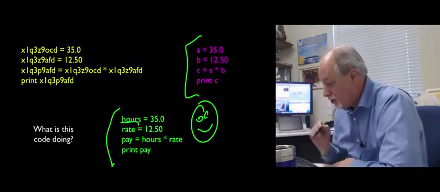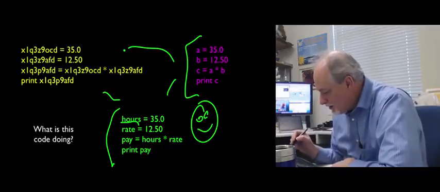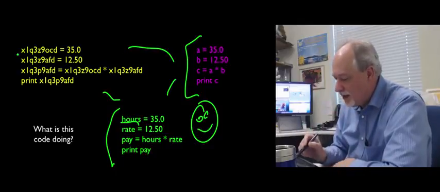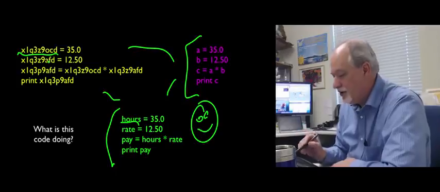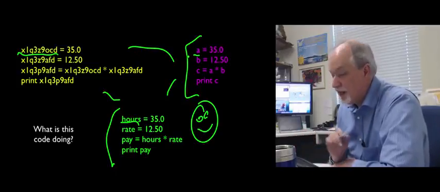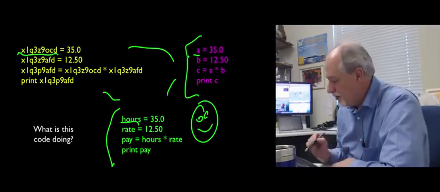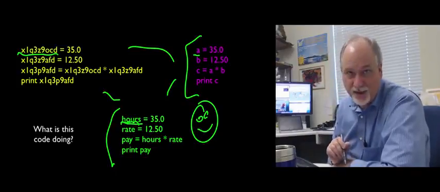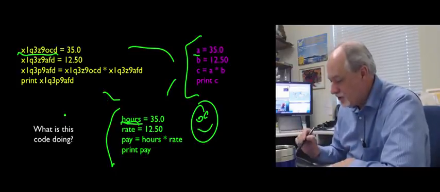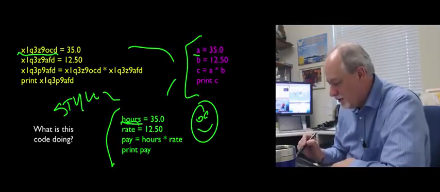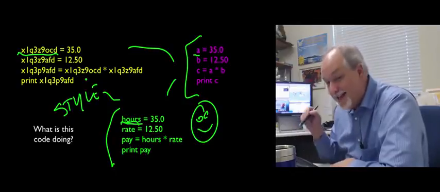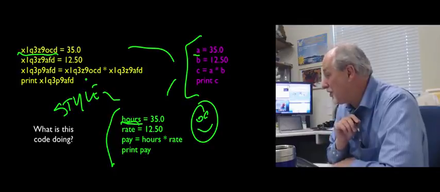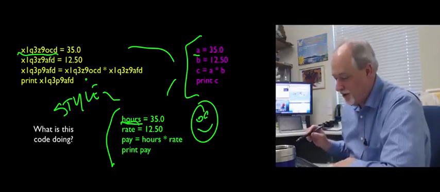And the answer is no. Python sees these three programs as exactly the same. It's just this person really made a very bad choice of a variable name. This person made a less bad choice of a variable name. And this person made a really awesome choice of a variable name. So the only difference between those things is style. They are the exact same program, and Python is equivalently happy with these.